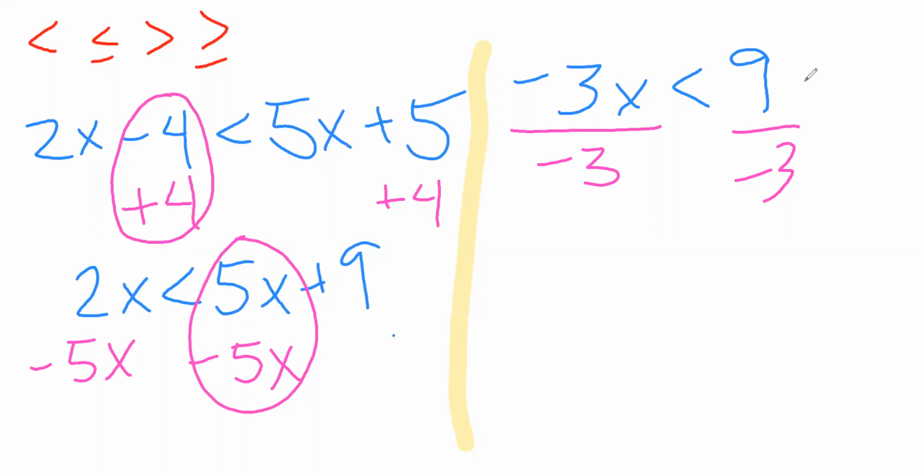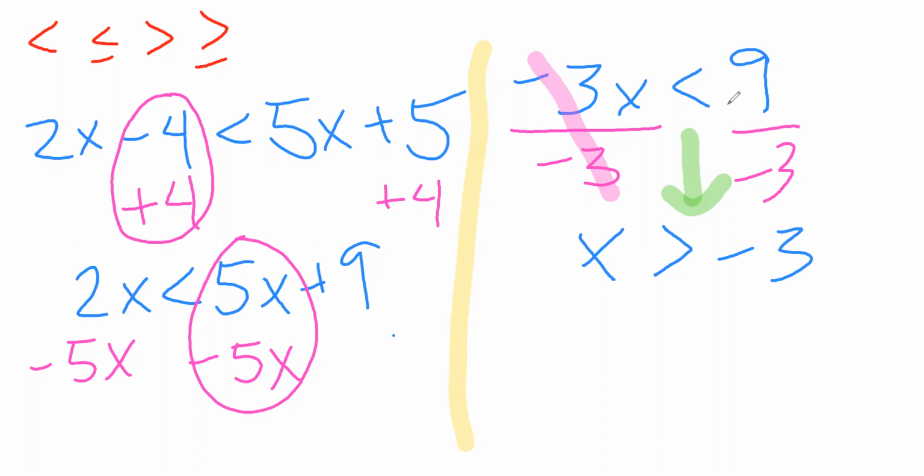So right here, we're going to change this sign. It reverses the order. So these cancel, right? That's just x. So we are going to have x is greater than, and then 9 divided by negative 3 gives us negative 3, because a positive divided by a negative is a negative.